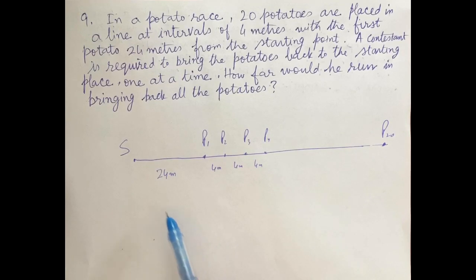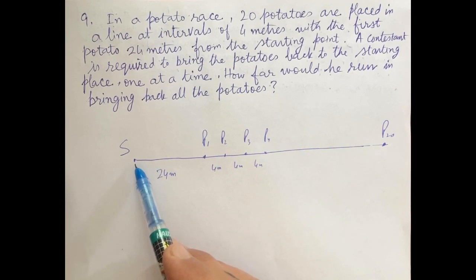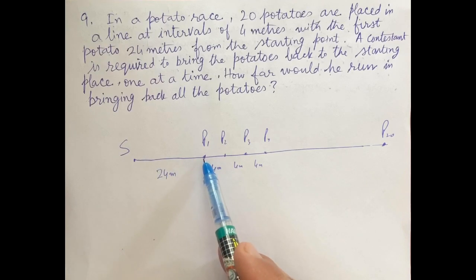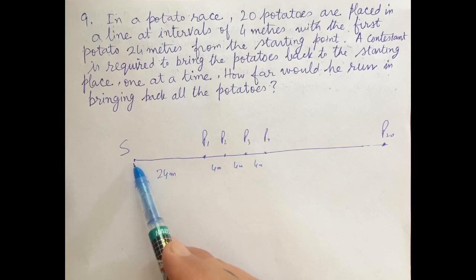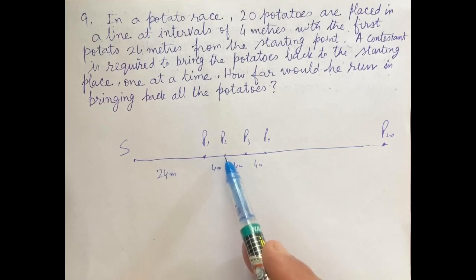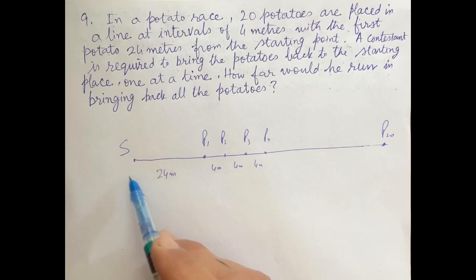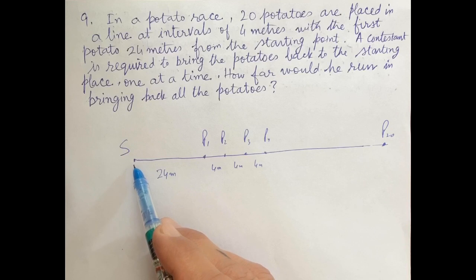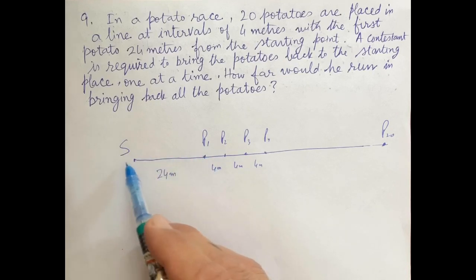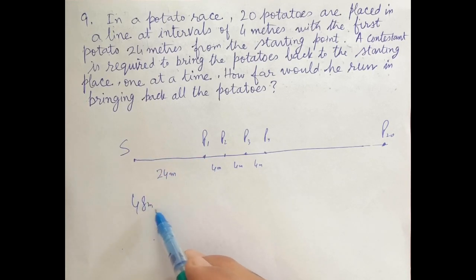The contestant is at the starting point. The contestant will go to the first potato and bring it back, then go to the second potato, bring it back, one by one. We have to find out the total distance he would have covered. So to carry the first potato, he covers 24 plus 24 is 48 meters.